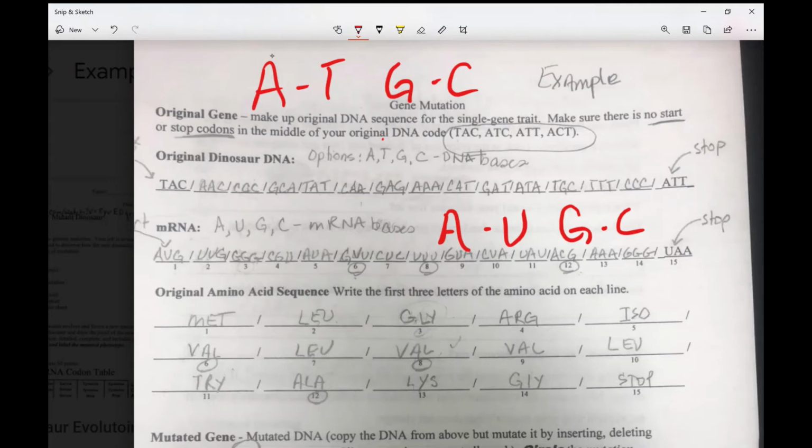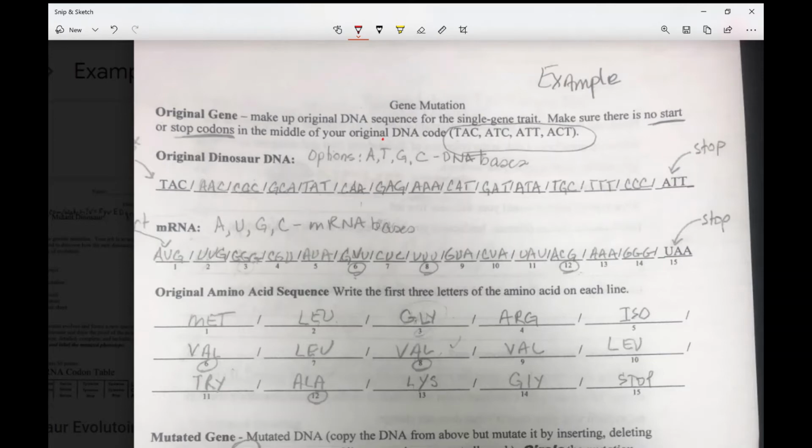So if you're unsure about that, I would definitely look up a video to help you. I'm sure we have videos from when we studied it in the past, but I think that's a pretty helpful tip. We'll go into a video that explains how to find the amino acid here in just a second.